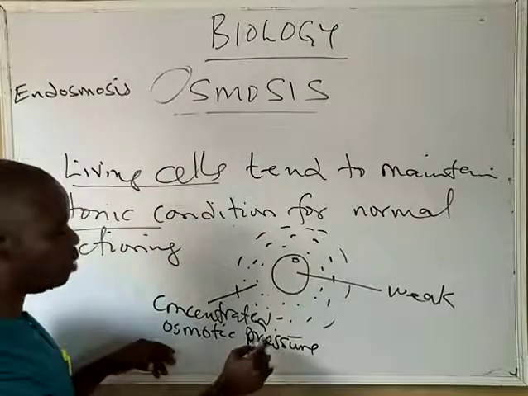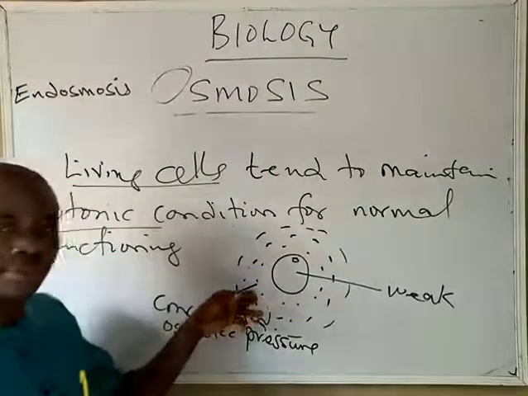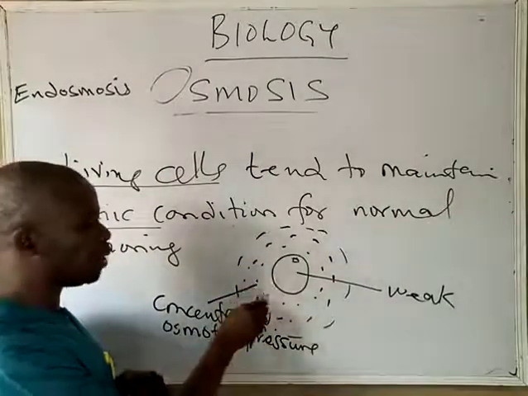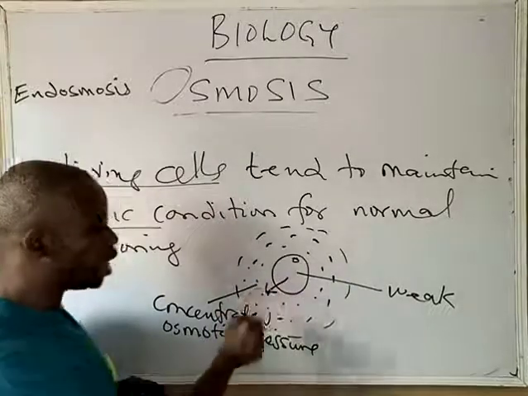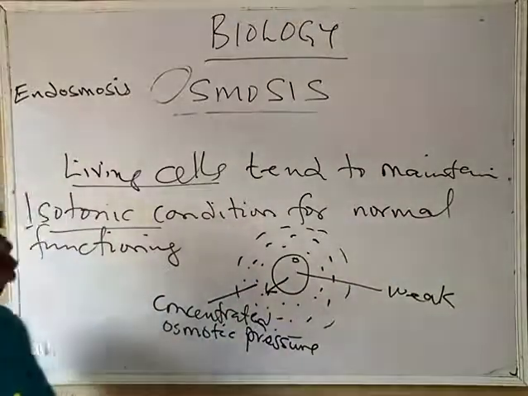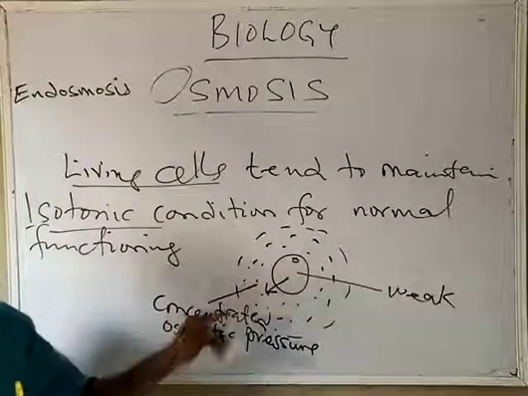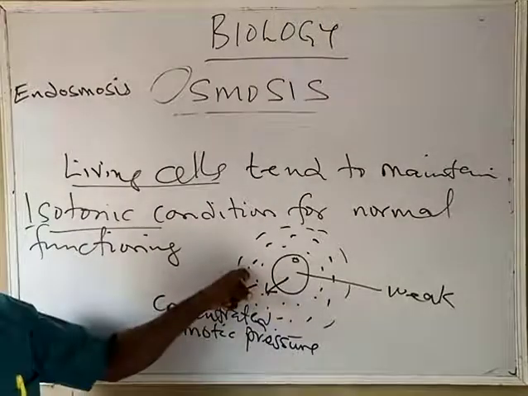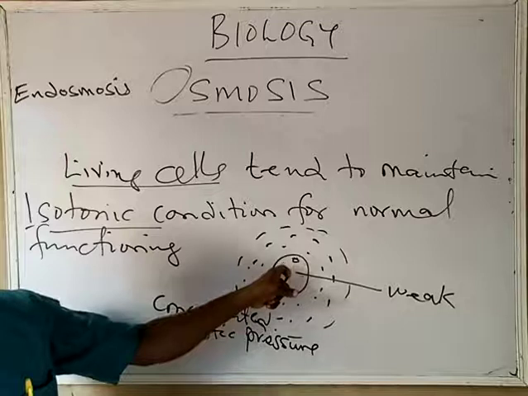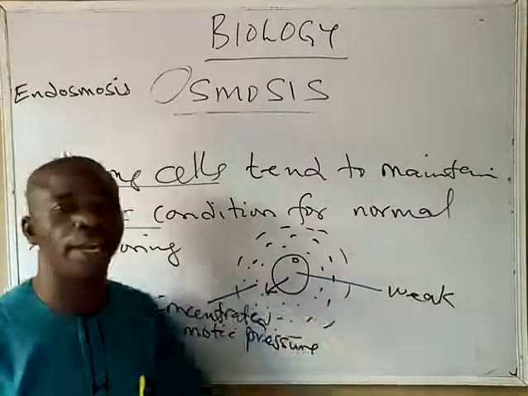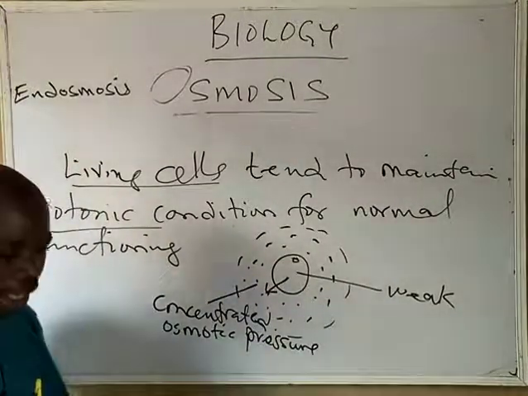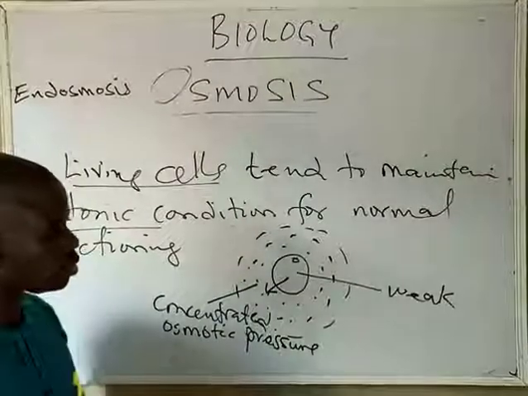Osmotic pressure will be developed on this outside. And when osmotic pressure is developed here, then water molecules will tend to move out of the cell. Why? Because the solute concentration is high here, and the solute concentration is low here, because it's a very weak solution.